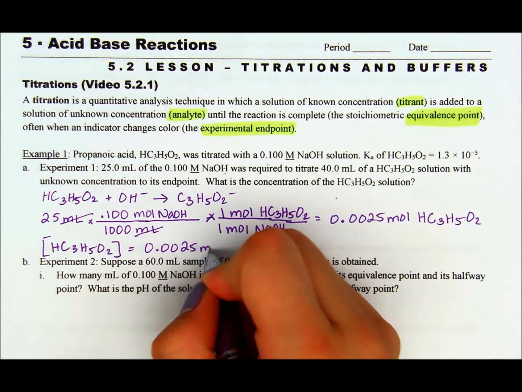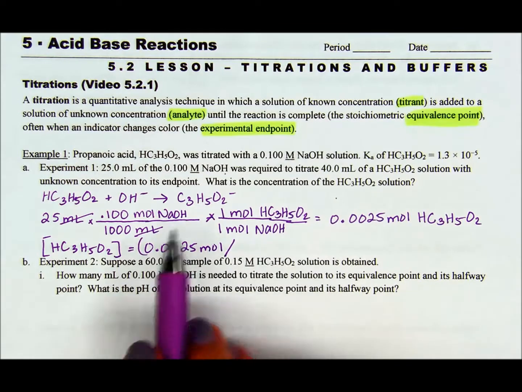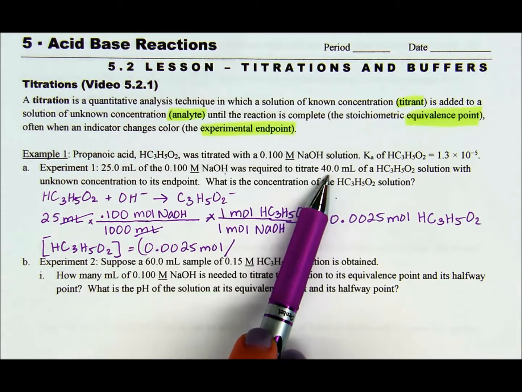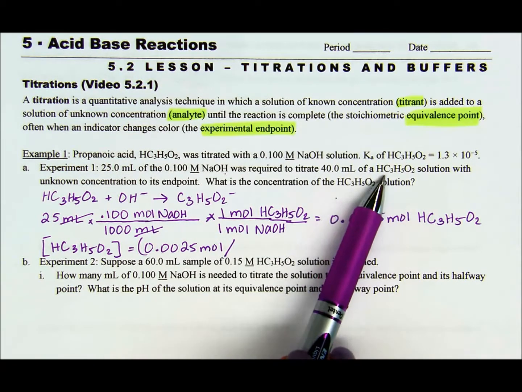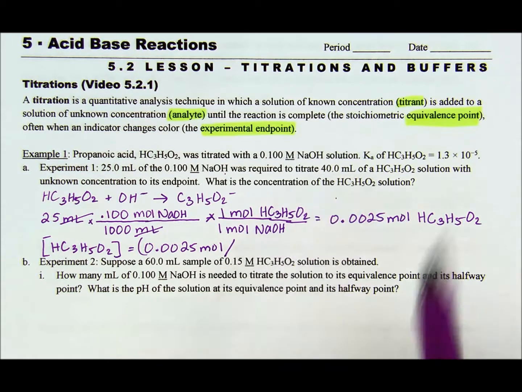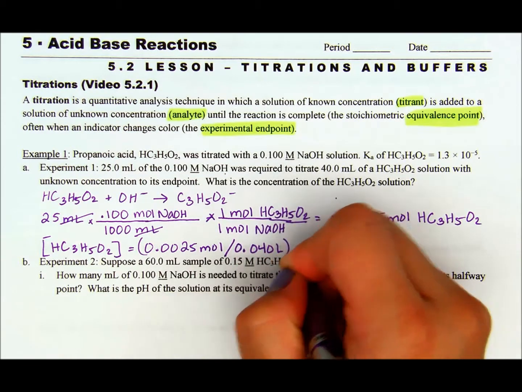So 0.0025 moles over liters. Now you don't want to use the liters of the whole solution here. You don't want to use 25 plus 40 because you don't want to know what the molarity was in the final solution. You just want to know the molarity of the propanoic acid before you started titrating it. So you're only going to use the 40 milliliters here. So 0.040 liters.